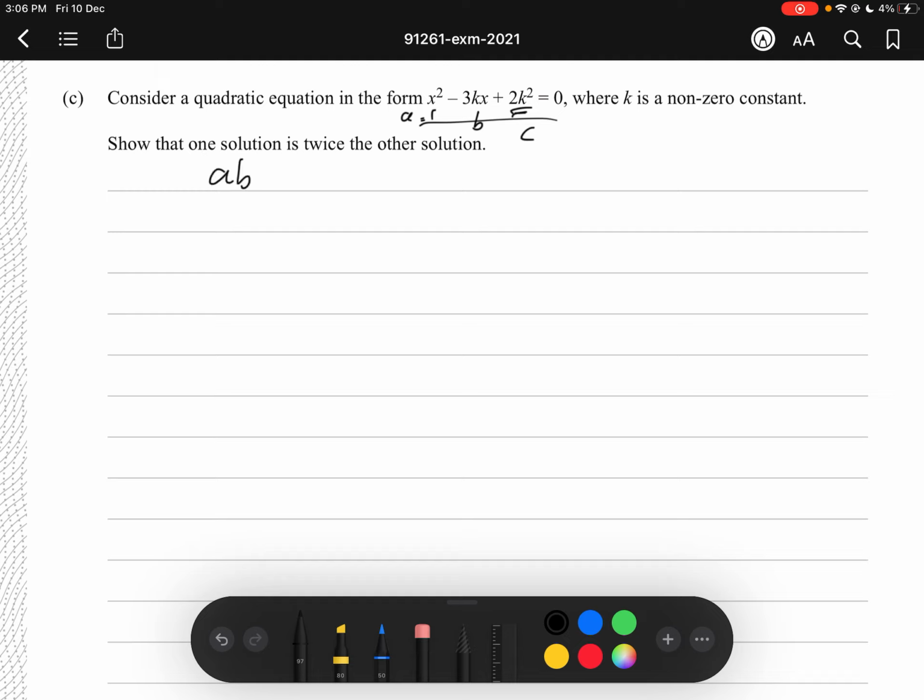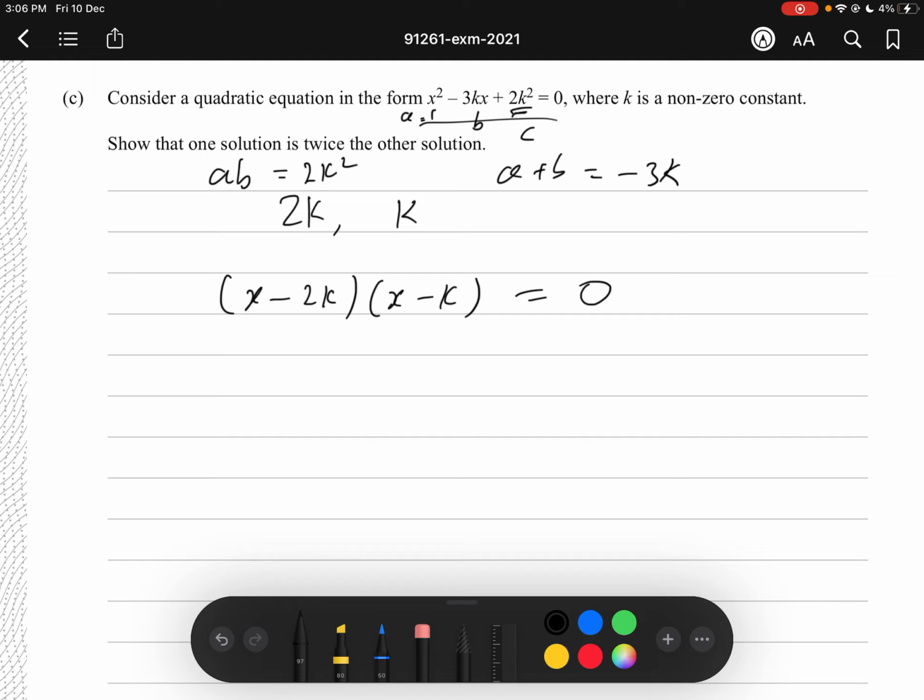So AB, we'll call A and B the two solutions, is 2k squared, and A plus B is negative 3k. If we solve this simultaneously, our two solutions will be 2k and k. So we'll have x minus 2k times x minus k equals 0.